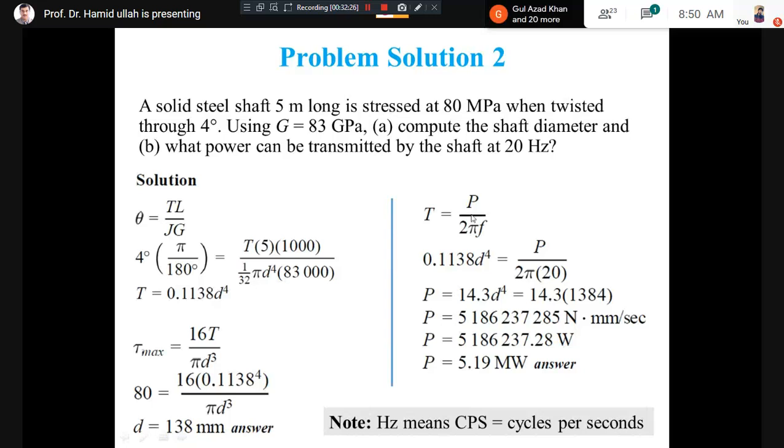For power, we have just seen power equal to torque multiplied with 2 pi f. You can put the values and you can see power equal to 5.19 megawatt, because that is the unit of power. So this is the power the shaft for the given data can transmit.